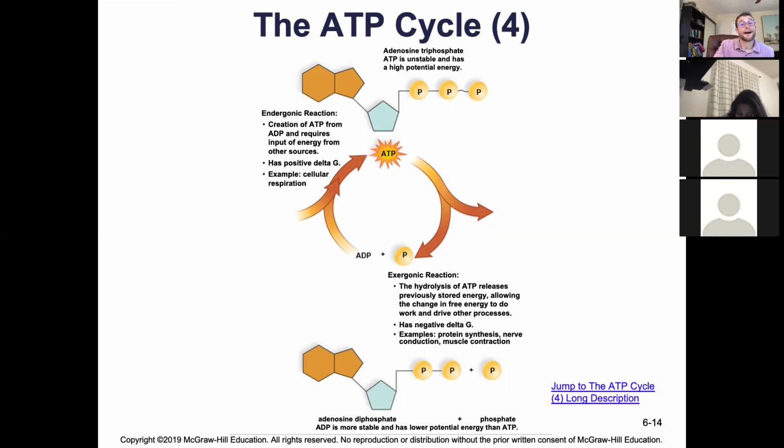And this will end up with a positive delta G, meaning it is now a volatile high energy ion as ATP that can be used to conduct work. Does that make sense? Okay.